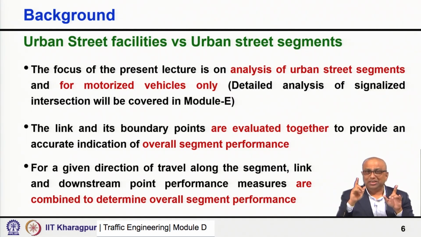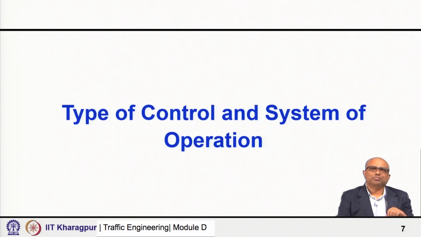So, when we are taking a segment, we are taking a link and the downstream point and combining their performance to determine the overall segment performance. So, you can consider the performance of the link and the downstream point together to say what will be the overall performance of the segment.